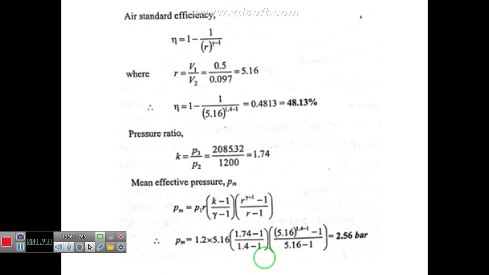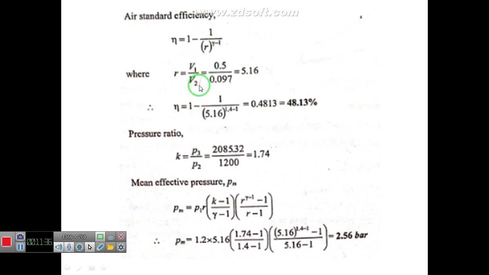Next slide, we are going to find the final solution. All the nodal point temperatures and pressures are already found, and finally we solve the air standard efficiency and mean effective pressure. The formula is efficiency equals 1 minus 1 divided by compression ratio r power (gamma minus 1). The compression ratio is V1 divided by V2, the adiabatic compression process from nodal point 1 to 2.